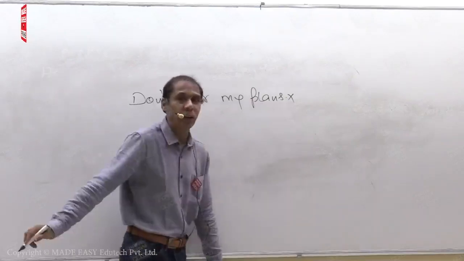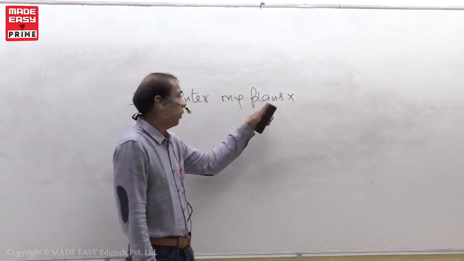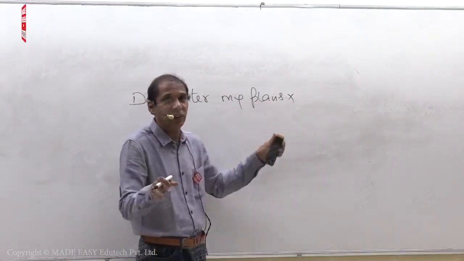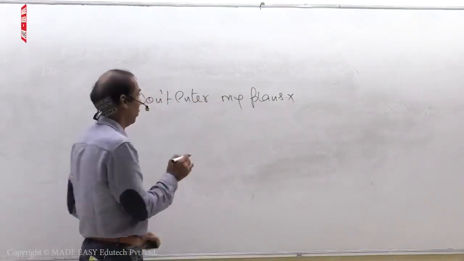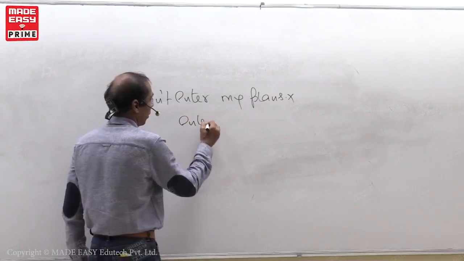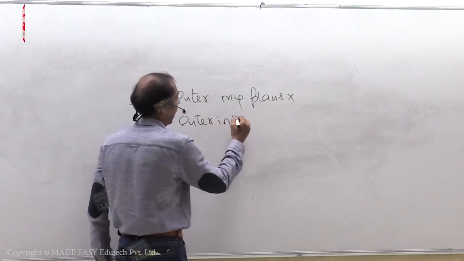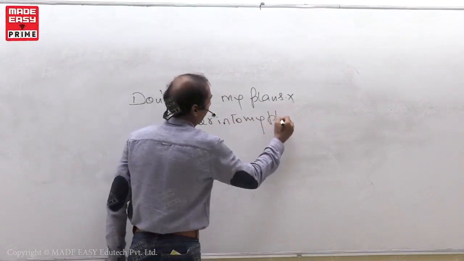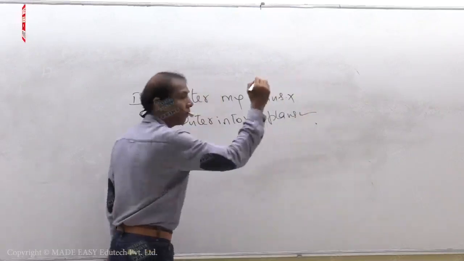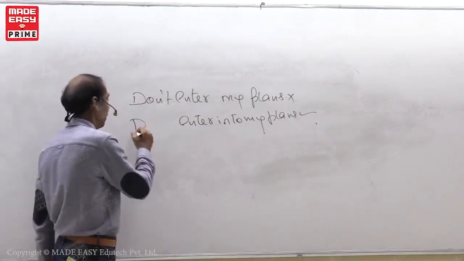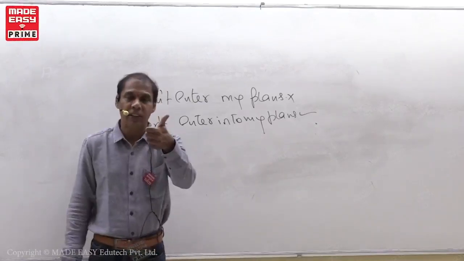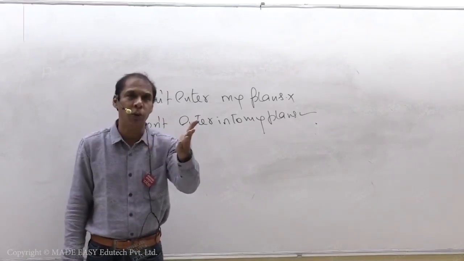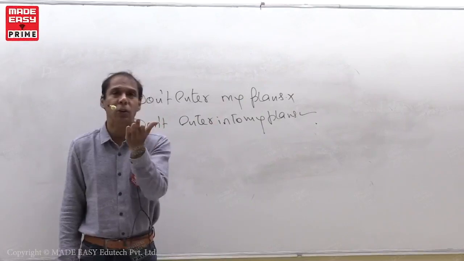This is wrong because we cannot see plans, right? We cannot see plans like the room. So when we cannot see, we have to use into. What you have to say? Don't enter into my plans. Very simple. If you can see, don't use into. If you cannot see, use into.